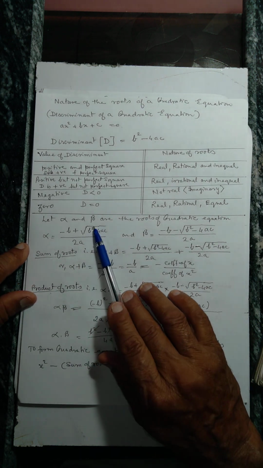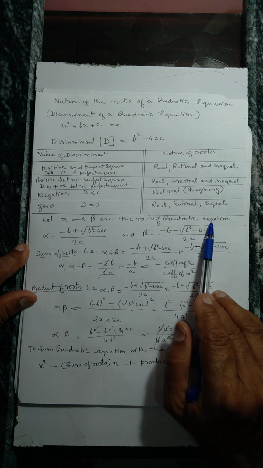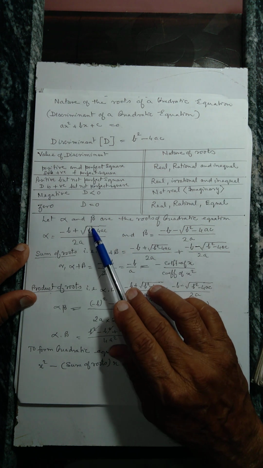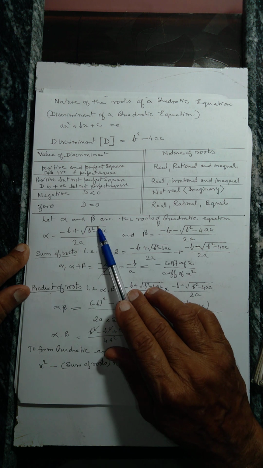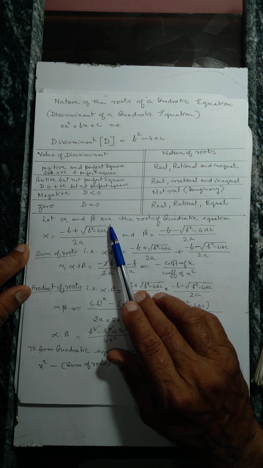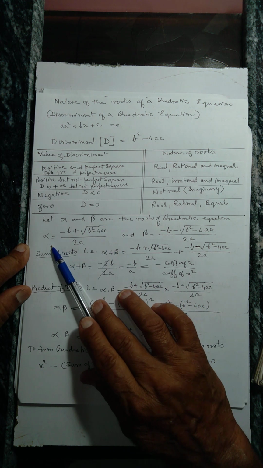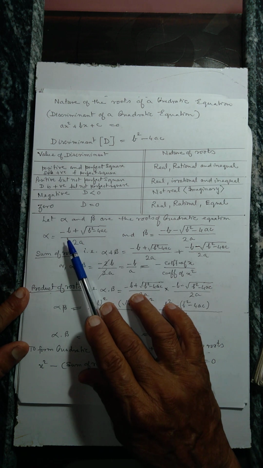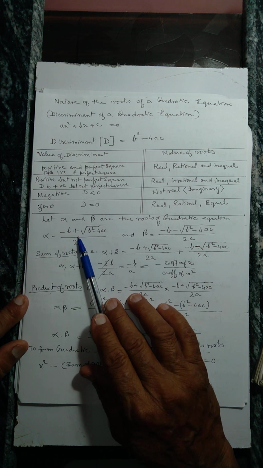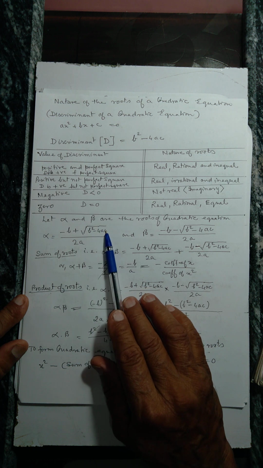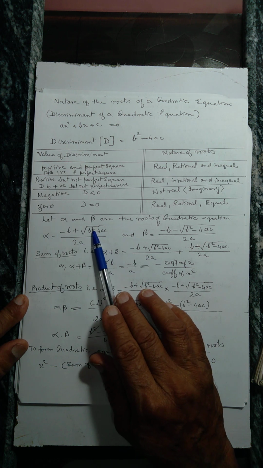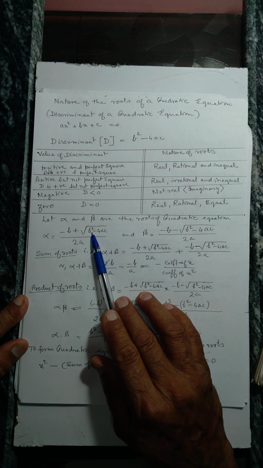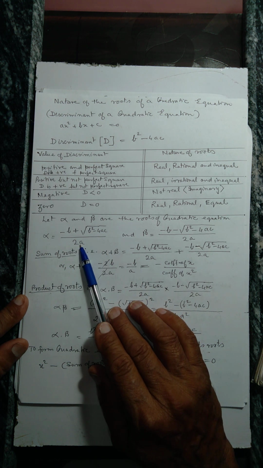Let alpha and beta be the roots of the quadratic equation. As you know, there are two roots of the quadratic equation, because its degree is 2. So alpha is minus b plus root b square minus 4ac, you see inside the root this discriminant is written, whole divided by 2a.